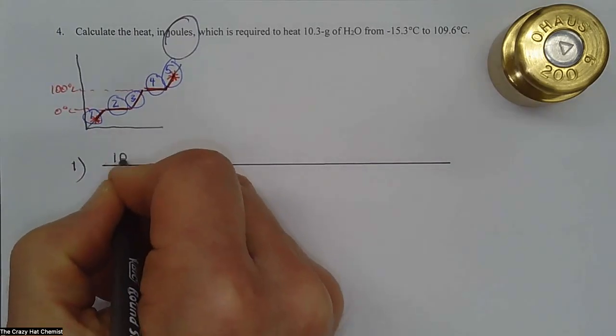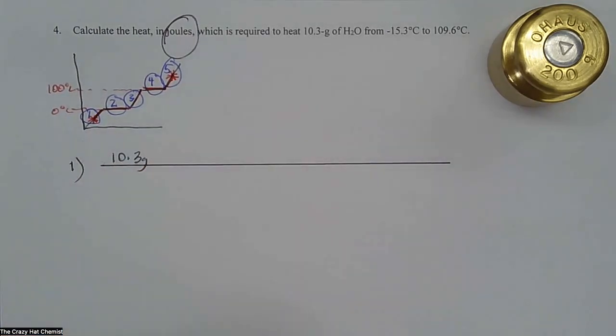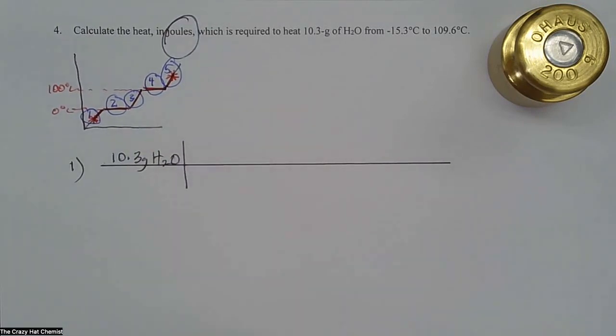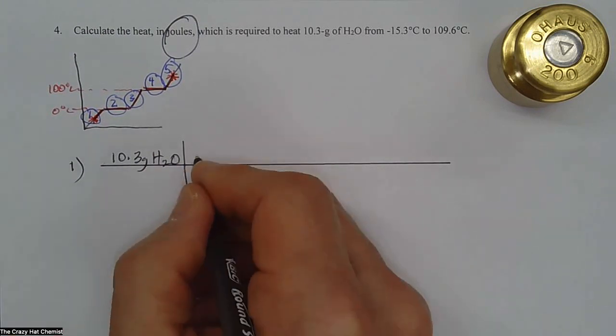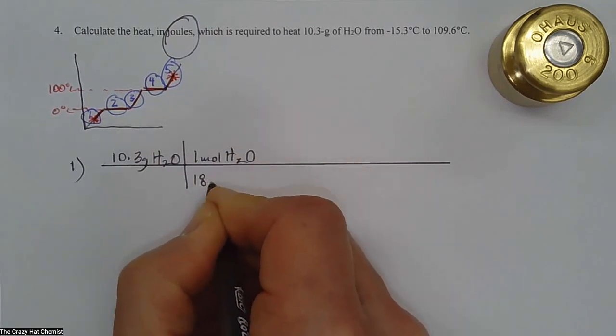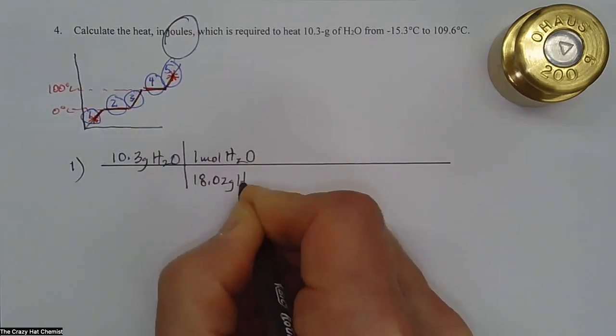So we've got 10.3 grams of water, and the constant for this is joules per mole degree Celsius. That was previously mentioned at the top of this whole worksheet, so we're going to be using those values. 1 mole of H2O is equal to 18.02 grams of H2O.